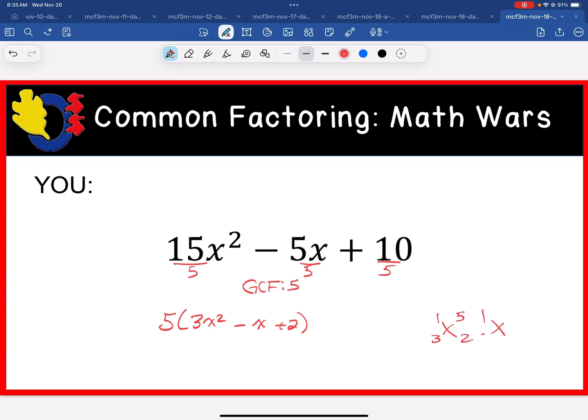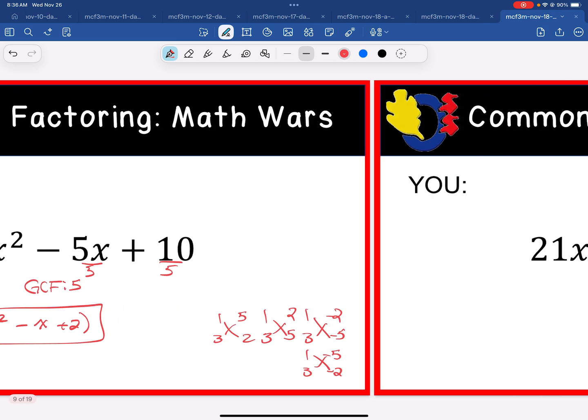That's not going to work. 1, 3, 2, 5. That's not going to work. 1, 3, negative 2, negative 5, no. 1, 3, let me see here. What other combination do I need? 5 and negative 2. Okay, so none of these terms, when I look at the diagonal, will give me the negative 5 in the middle. So this is as far as I can factor.